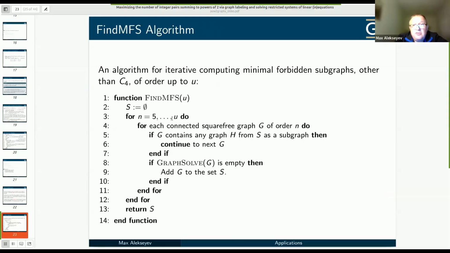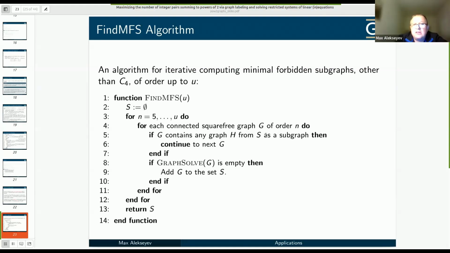Then we generate all connected square free graphs of order n. We check if it contains any graph H from S as a subgraph. There is a function in SageMath which can check if one graph is a subgraph of another. If it turns out that it contains some subgraph, then it's definitely not minimal, and therefore we ignore it and go to the next candidate.